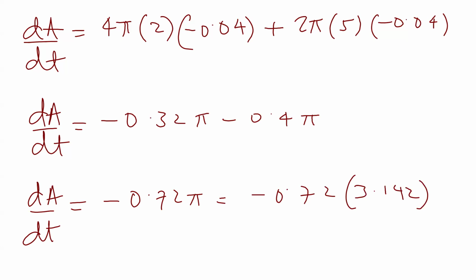Now put the value of pi, 3.142. They're asking us to put the value of pi as 3.142. If they're not asking, you can keep it in pi. So 0.72 into 3.142 is 2.26224. So dA by dt is equal to negative 2.26224.